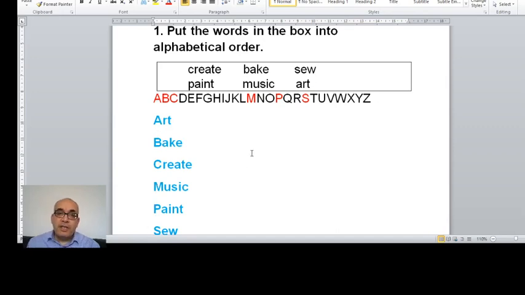Of course, this is a very easy exercise, but when you go to entry 3 or maybe different levels, you have to put all the letters of the alphabet. If you have, let's say, 3 words and they start with the same first letter, it's going to be difficult for you.